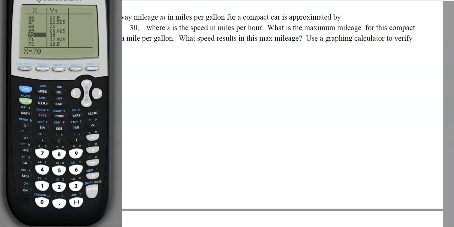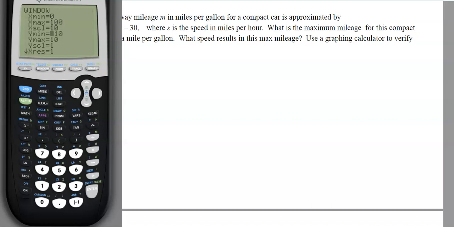So if I wanted to graph this, I could hit graph, and my window's probably not big enough. It doesn't really show much right here. So I know that for this problem, my speed limit's probably going to be between 0 and 100. So let's change our window, and let's go from 0 to 100 miles an hour by tens.